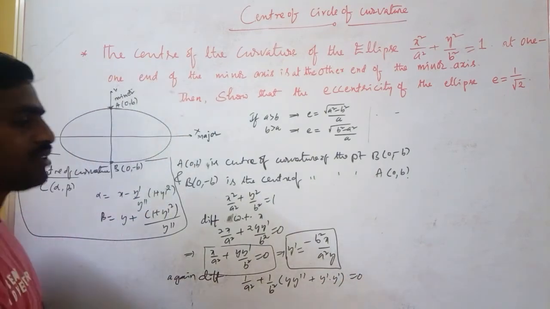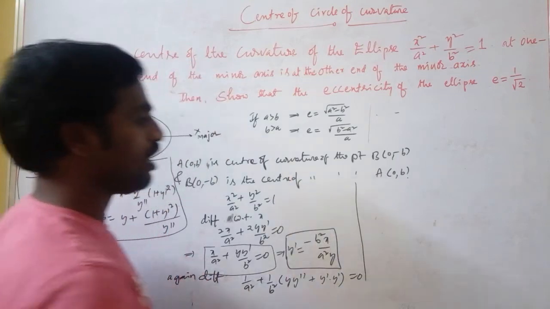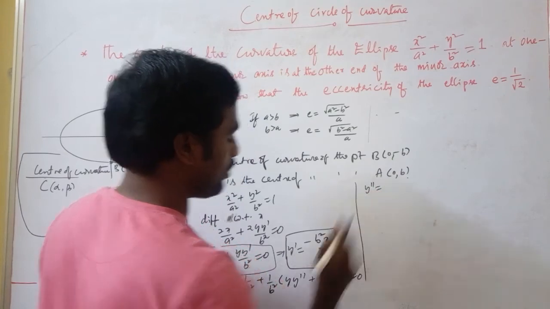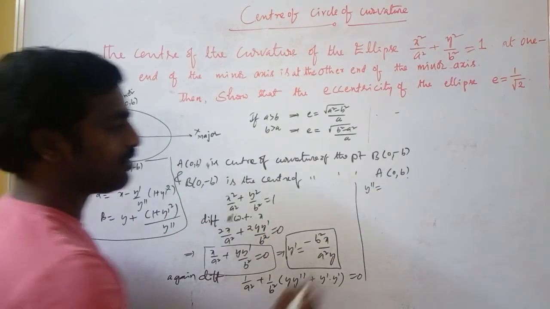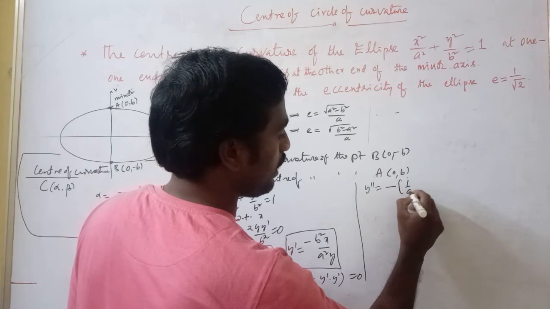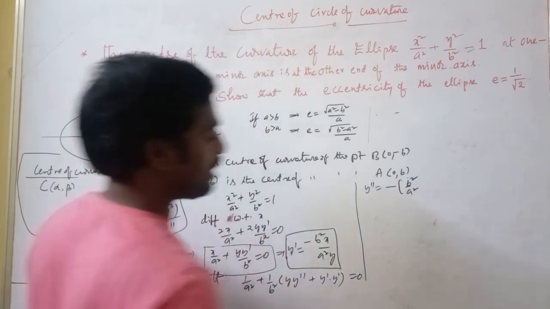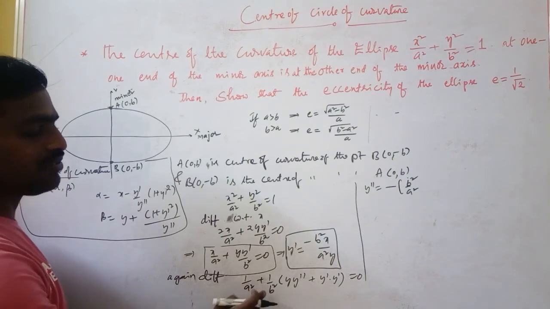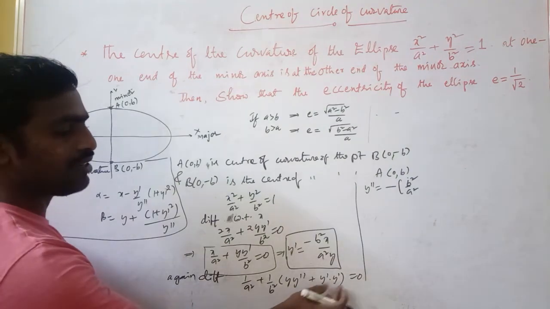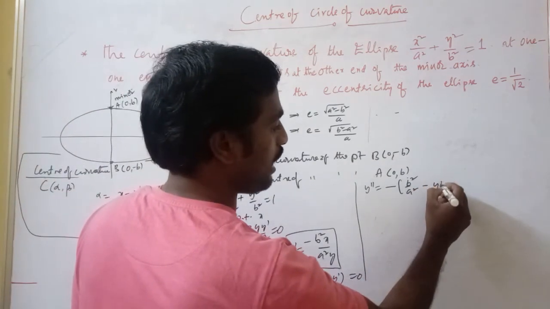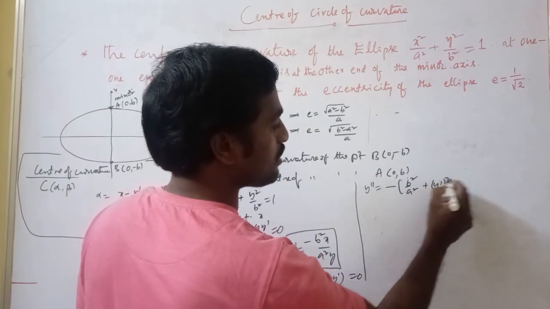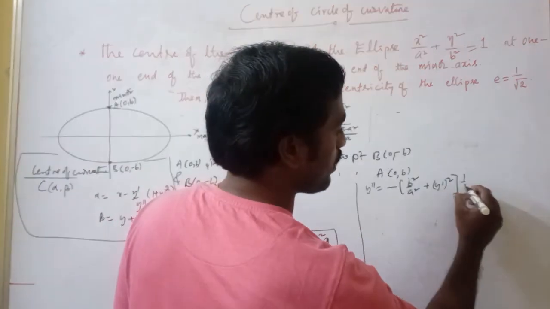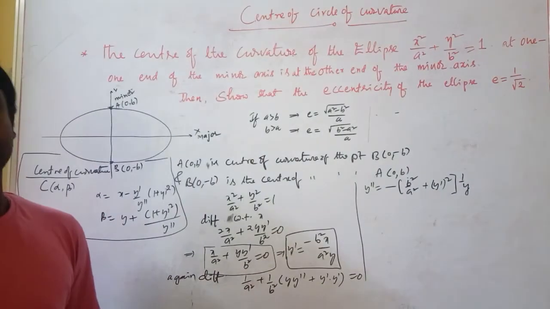So after simplification, y double dash is equal to minus 1 by a square into b square, minus y dash squared, all over y. That is, y double dash is the second order derivative term.